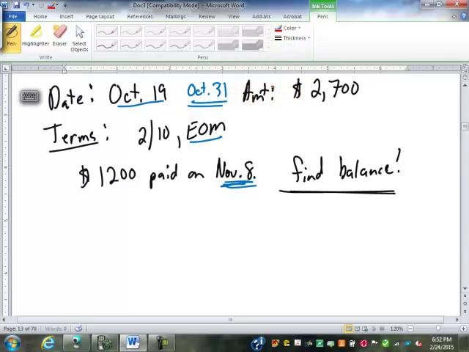So the first step in figuring out the outstanding balance is to figure out what the credit is. How to figure out the credit? So 1,200 divided by 0.98 is what, 1,224.49. Thank you. That's the credit.